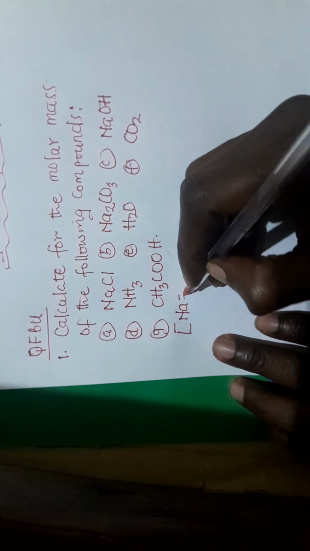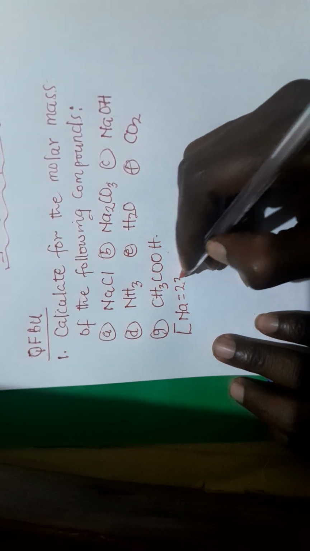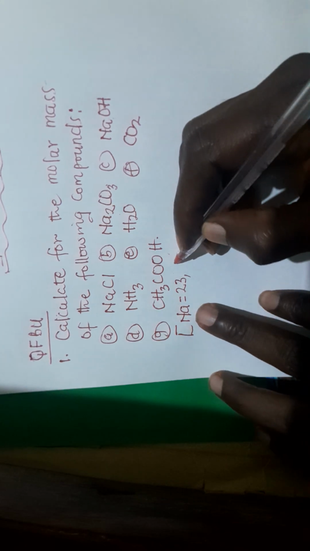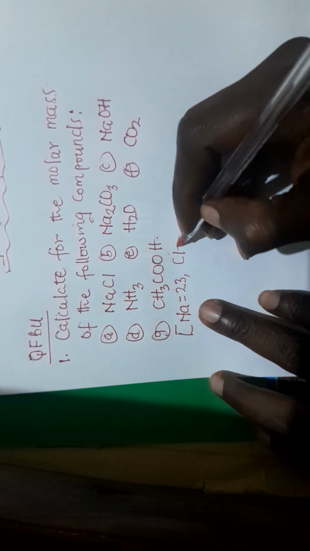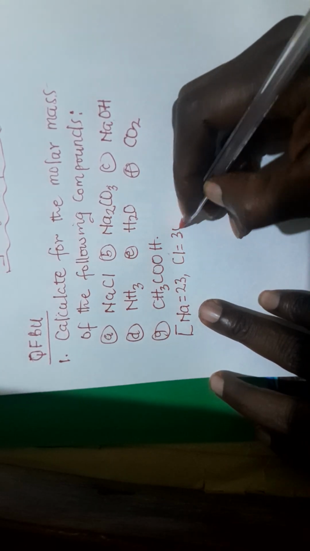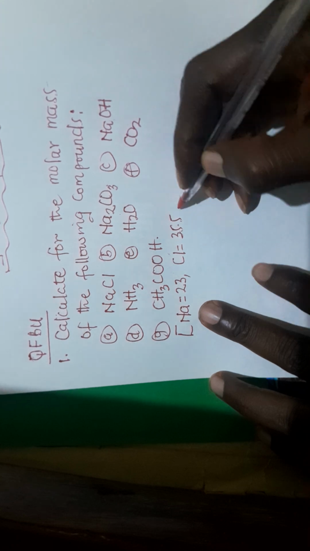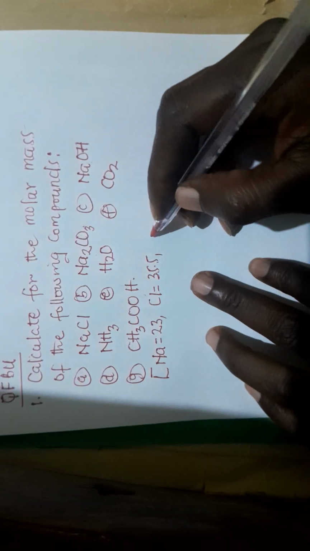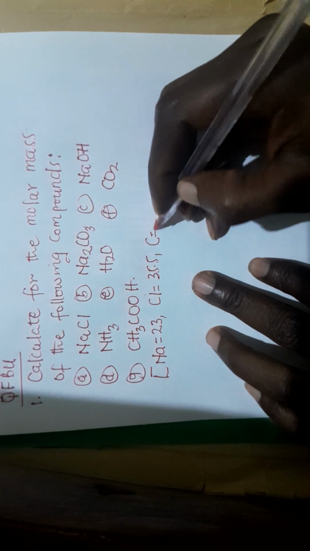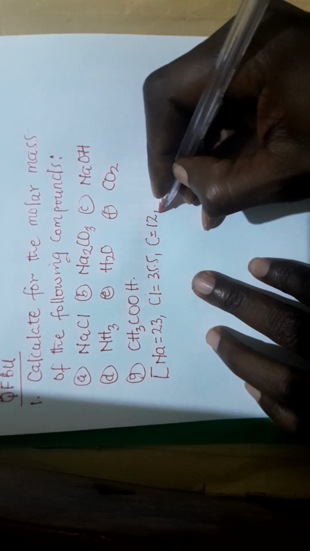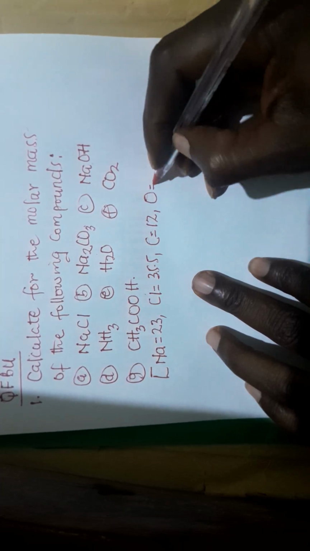Relative atomic masses, we'll talk on that, but the values are: sodium is 23, chlorine is actually 35.5, carbon 12, oxygen is actually 16.